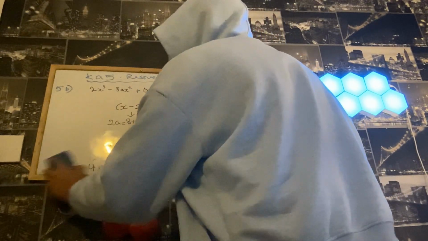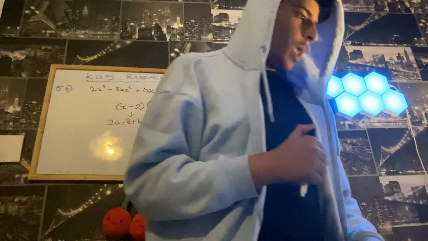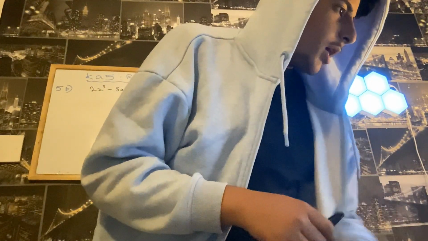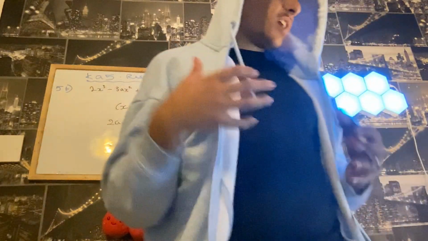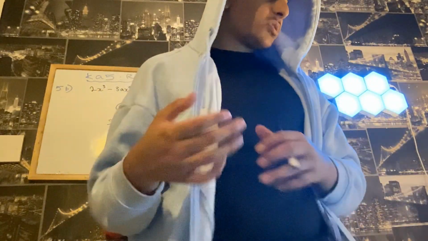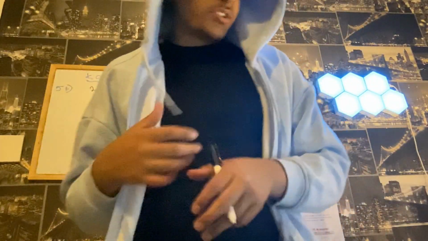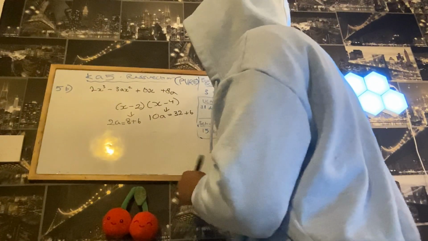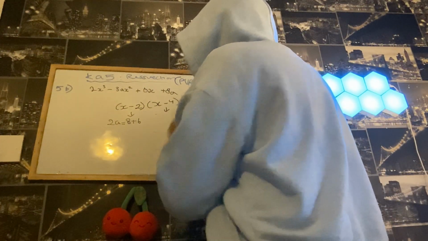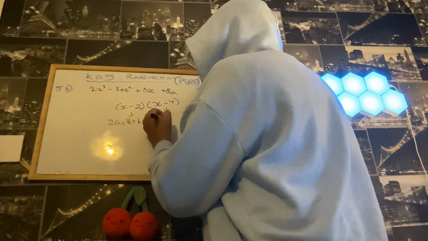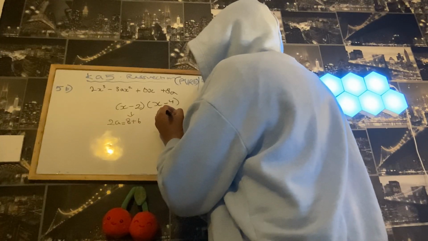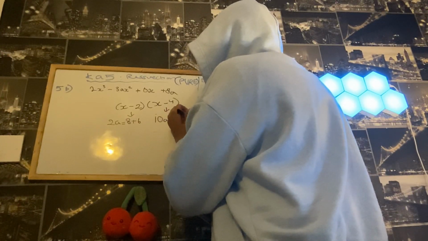Okay, and now we're told another piece of information: it wants us to express f of x in the form 2x plus k, x minus 4, and x minus 2. Now, this looks a bit too diagonal, so it's 10a equals 32 plus b.